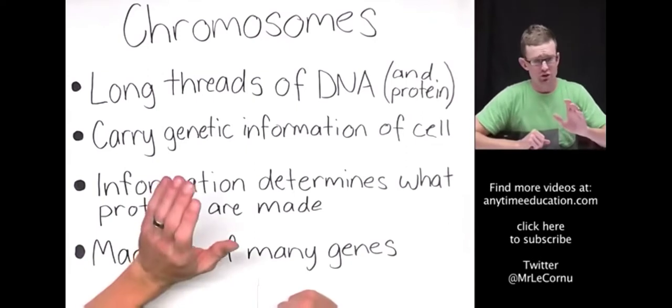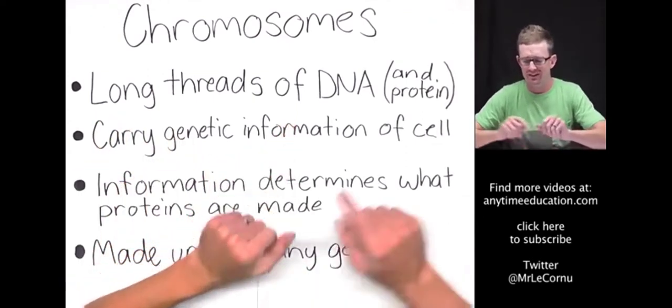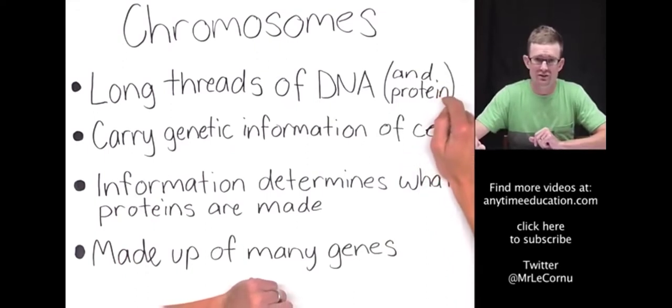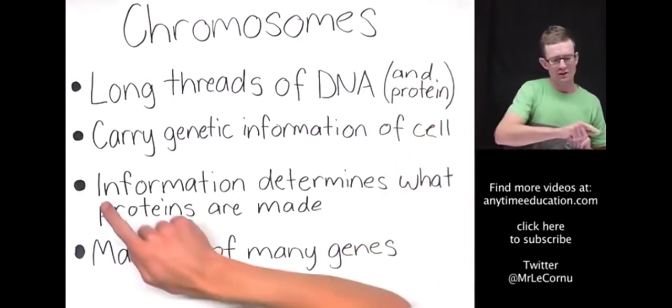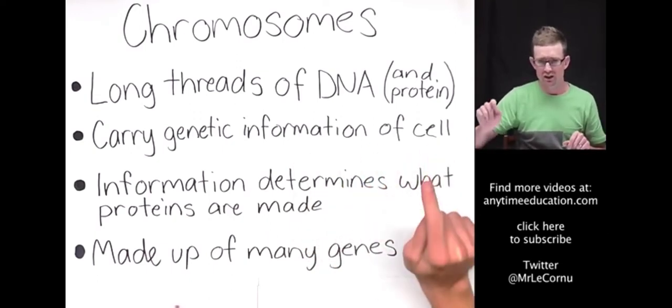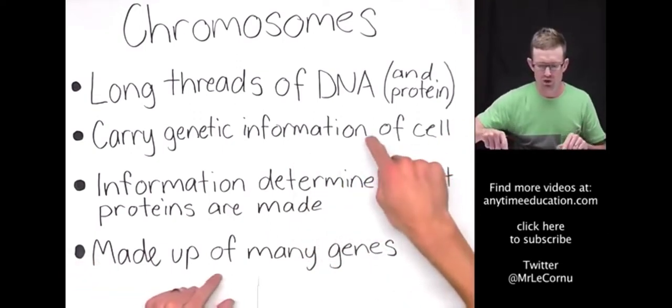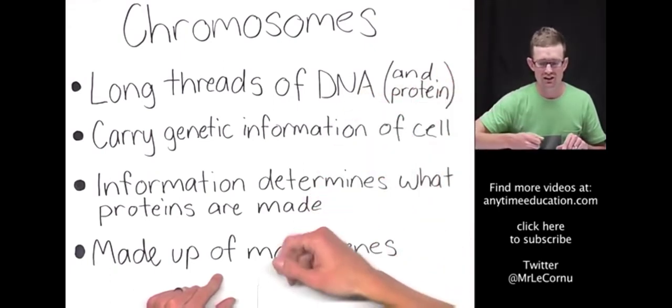Okay guys, first of all, chromosomes are long threads of DNA, and in some instances, like in eukaryotic cells, protein as well. More on that later. Chromosomes carry genetic information of a cell. And you might be thinking, of course, because they're made of DNA and DNA carries genetic information.